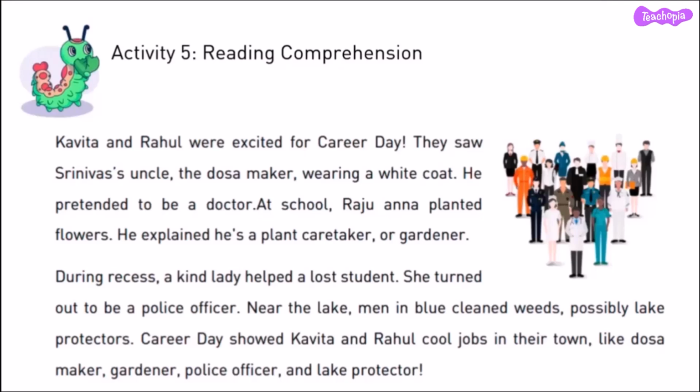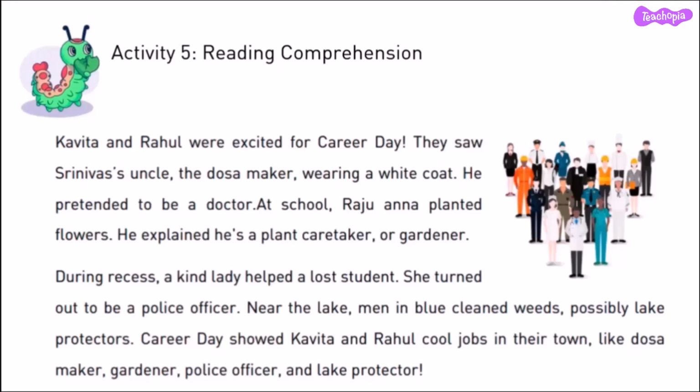Kavita and Rahul were excited for career day. They saw Srinivas's uncle, the dosa maker, wear a white coat. He pretended to be a doctor. At school, Raju Anna planted flowers. He explained he is a plant caretaker or a gardener.